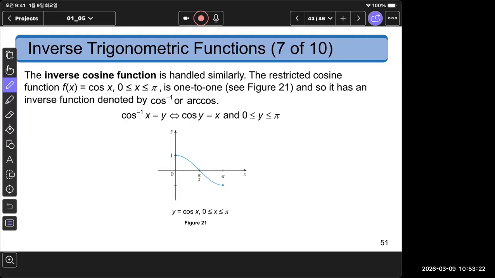Instead, I need to consider a different interval, say from 0 to pi. Then the cosine function will be one-to-one as in figure 21.